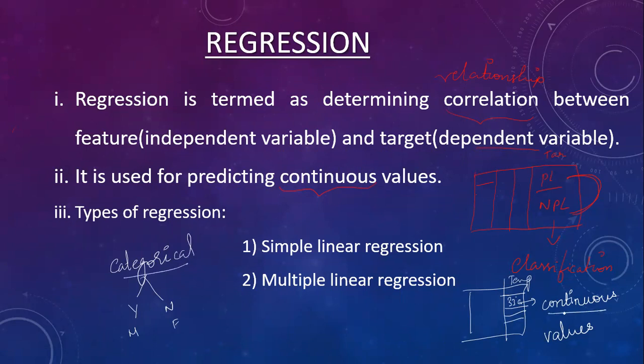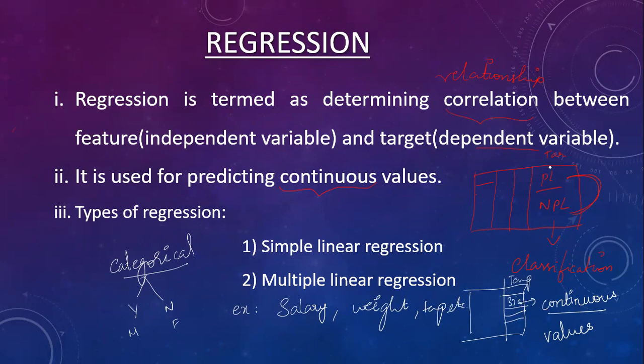Here it is continuous. For example, I can give examples for continuous values: salary of an employee, weight of a person, temperature, etc. So it is used for predicting continuous values.